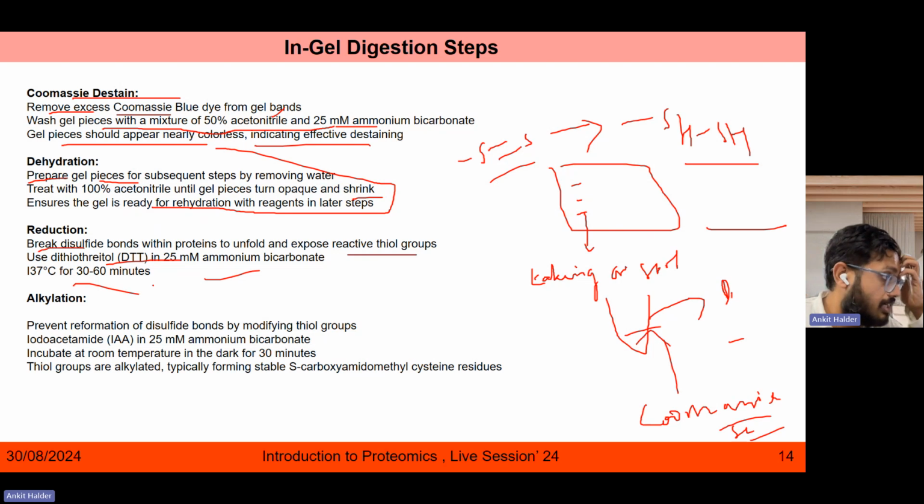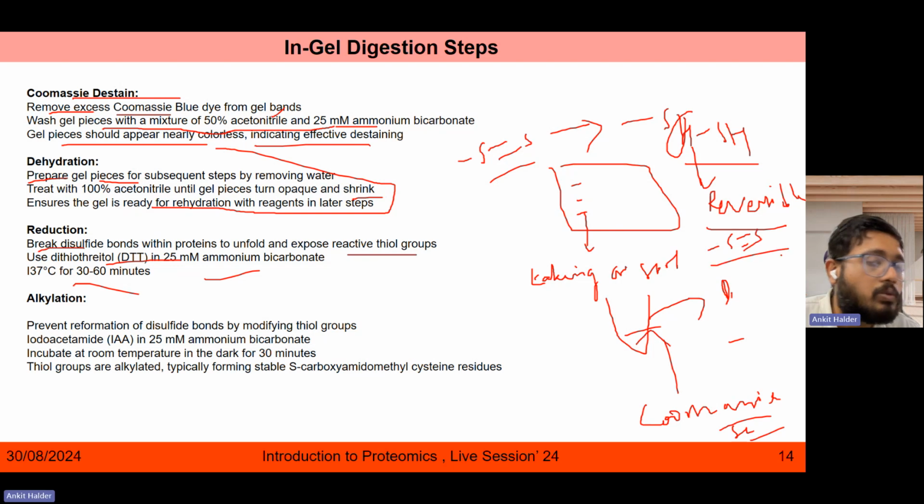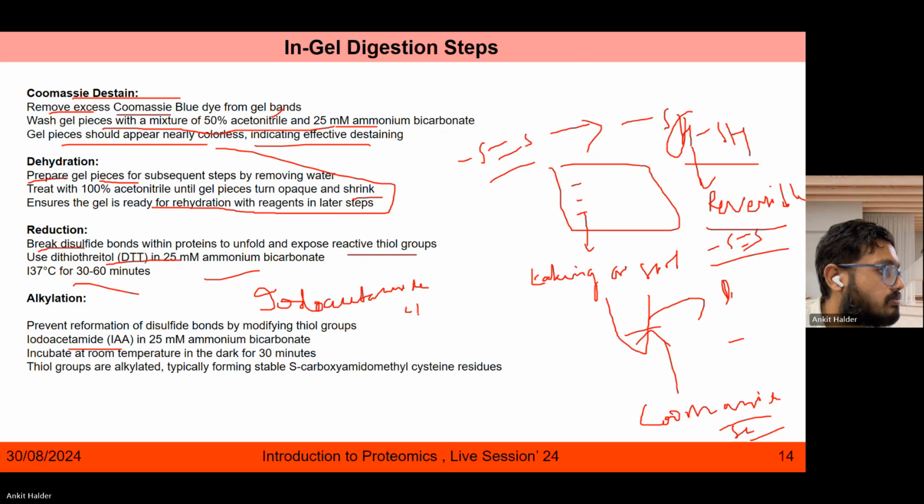And then there is alkylation. The reduction is reversible and it can bond again to form the disulfide bond. But what we can use is iodoacetamide.